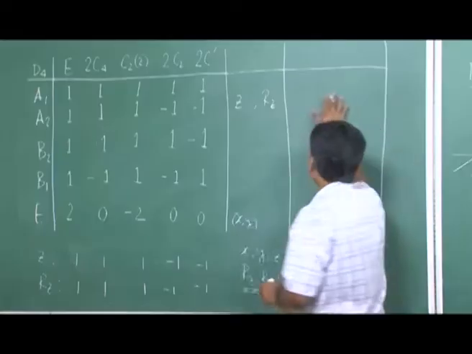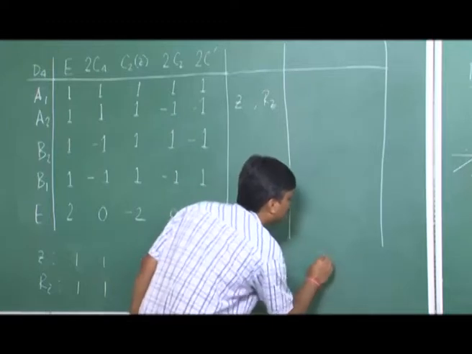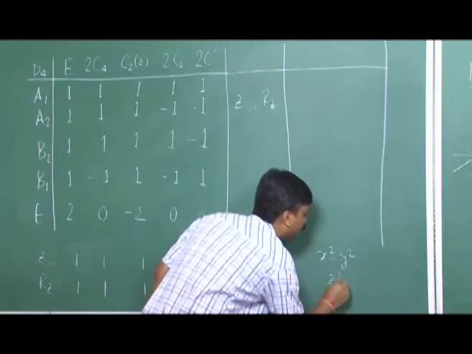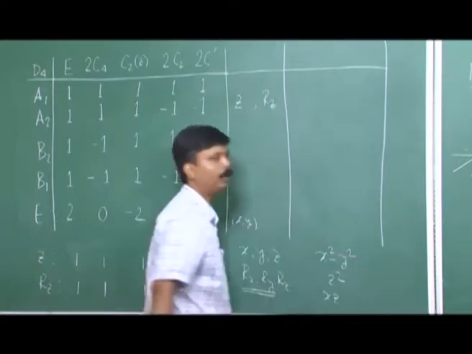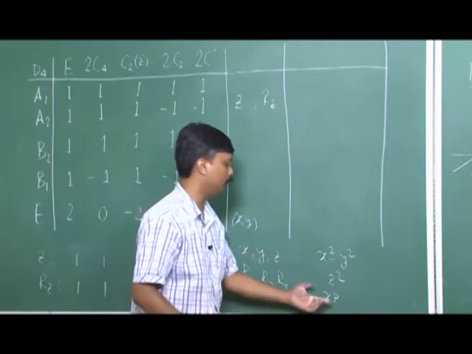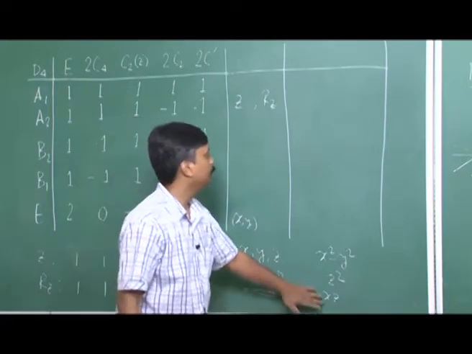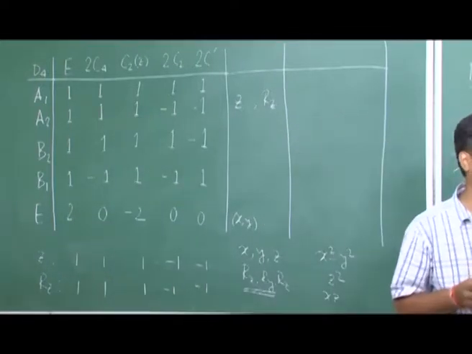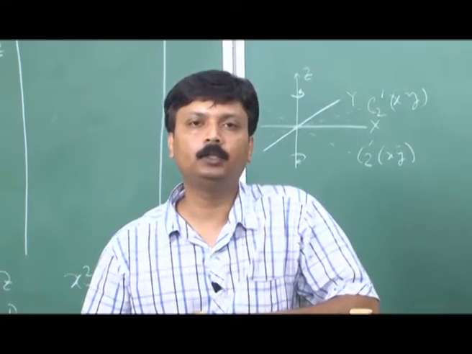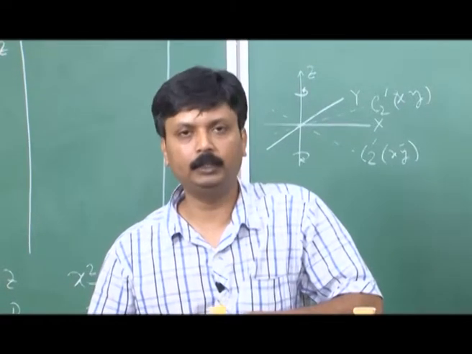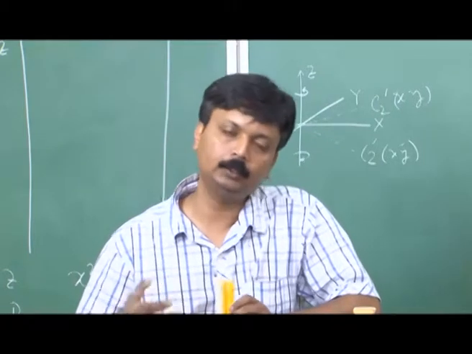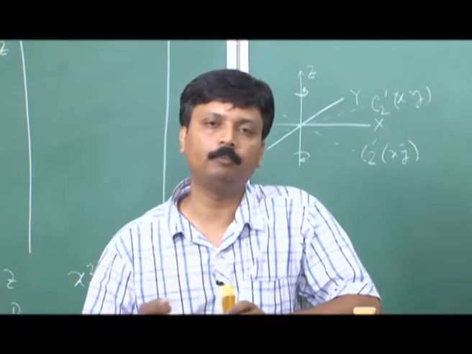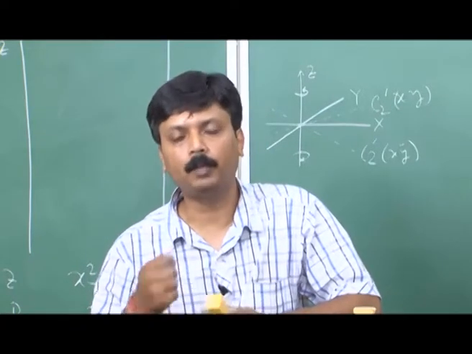This part which contains this kind of functions, square functions, or binary functions like this, these particular functions are chosen because they contain the symmetries of different d orbitals, and this is used in case of different types of bonding.